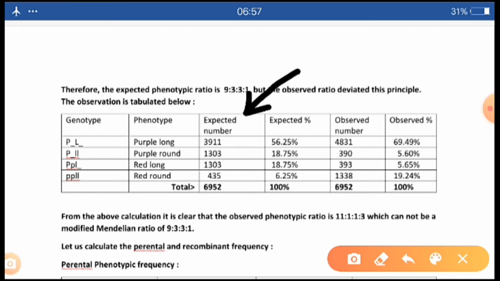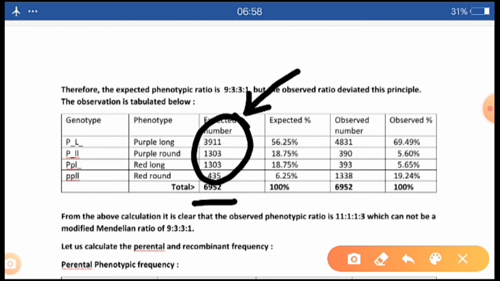The total number they found in the F2 generation is 6952. And that is why the expected number will be, for purple long 3911, for purple round 1303, for red long 1303, and for red round 435.